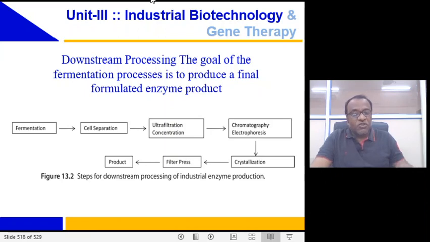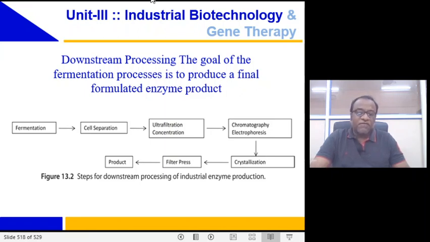Right. So most of the industrial enzymes produced are extracellular. This we have studied in the previous session. And if it is extracellular, it is easy for the downstream activities. The first step in their purification is separation of the biomass or the cells from the fermentation.